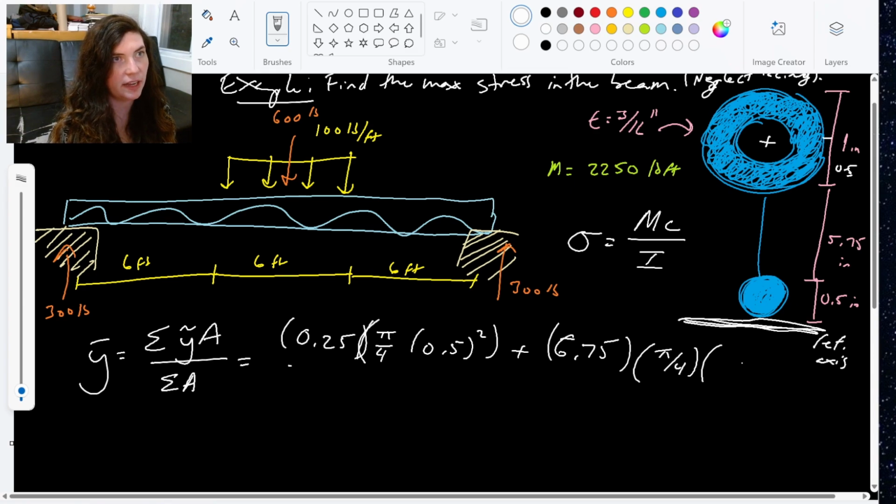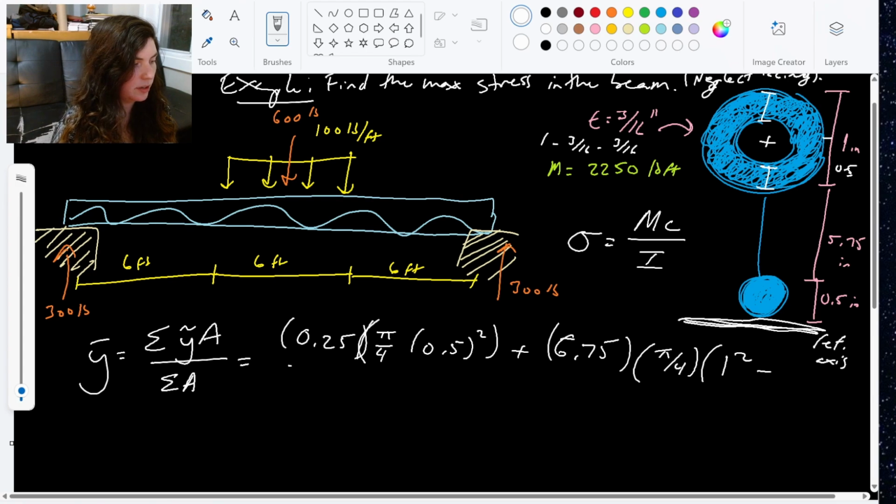So the outer diameter is 1, but for the inner diameter, my thickness is given to me as 3/16 of an inch, which means that this distance here is 3/16 and this distance here is 3/16. So my inner diameter here is actually 1 minus 3/16 minus 3/16.